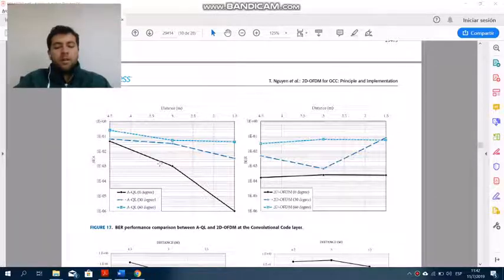To measure the BER, we verify the performance at distances of 1.5 meters, 3 meters, and 4.5 meters, and viewing angles of 0 degrees, 13 degrees, and 16 degrees.